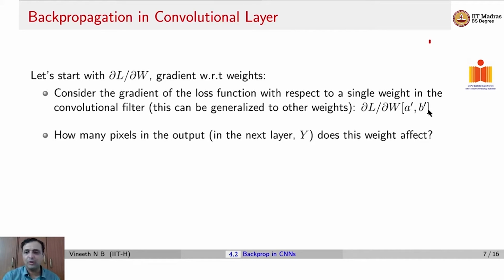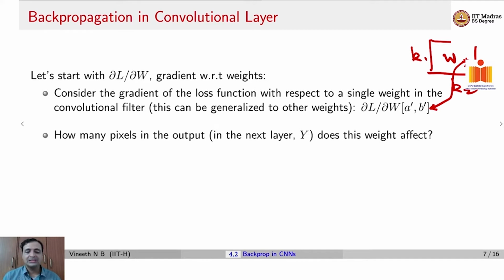If your filter W has K1 cross K2 dimensions, one of those values inside is W(a', b'). We now want to compute the gradient of the loss with respect to that particular weight, and then this can be generalized to all weights in that filter.